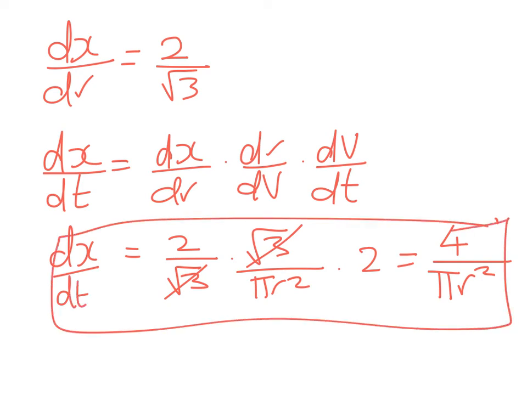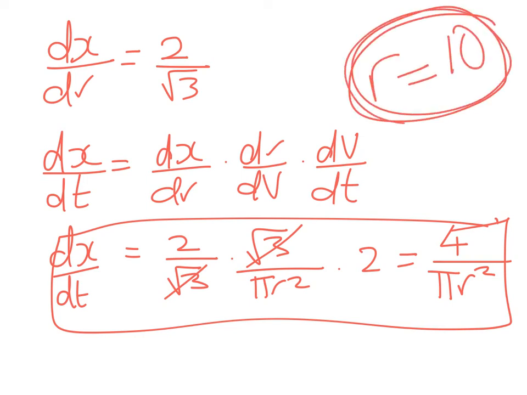The very last thing we have to do is say, what is that rate when r equals 10? So in this case, we just have to substitute in a value that we were already given. Sometimes we'll need to go back to v equals and work it out, but it wasn't that bad here. So on the next slide we'll put the numbers in our calculator at last.